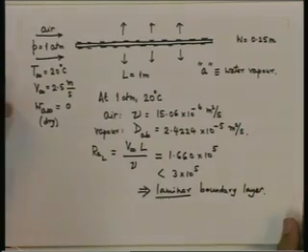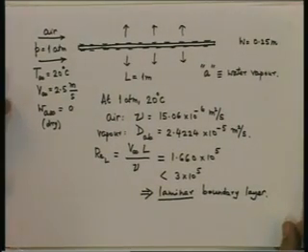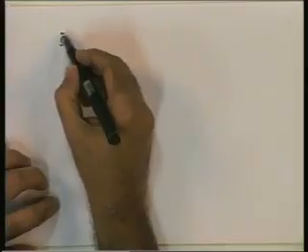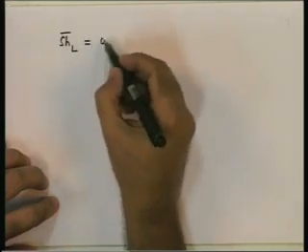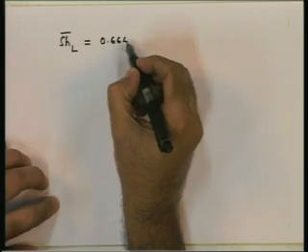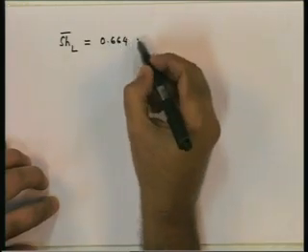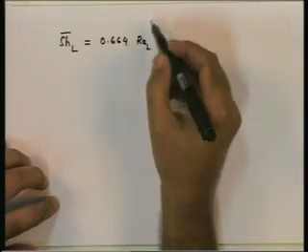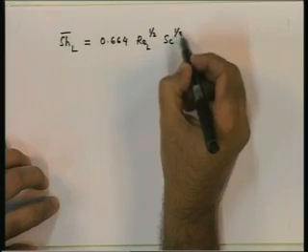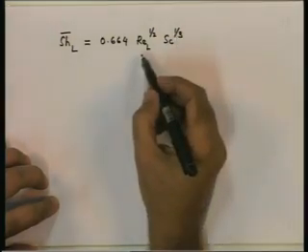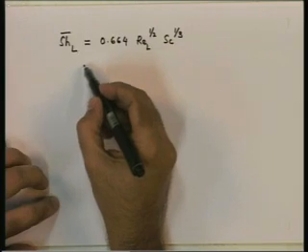The next step, since the boundary layer is laminar, we will use the derived relation for laminar boundary layer in terms of Sherwood number. We have the average Sherwood number for a plate over a length L is 0.664 into Reynolds number based on the length raised to half, Schmidt number raised to 1/3. We have calculated the Reynolds number, we have to determine the Schmidt number.